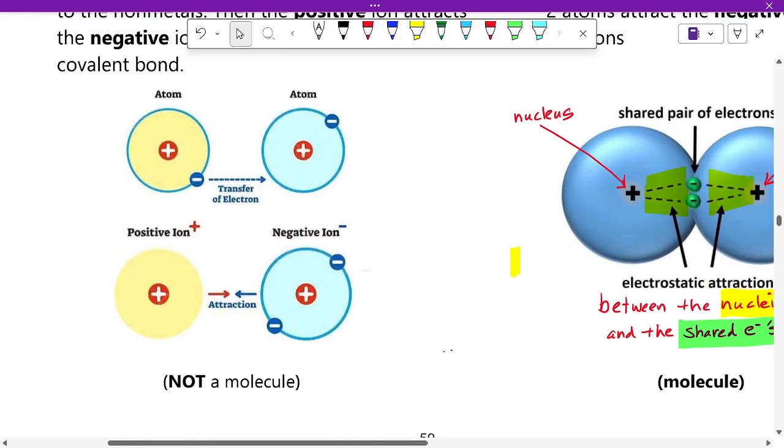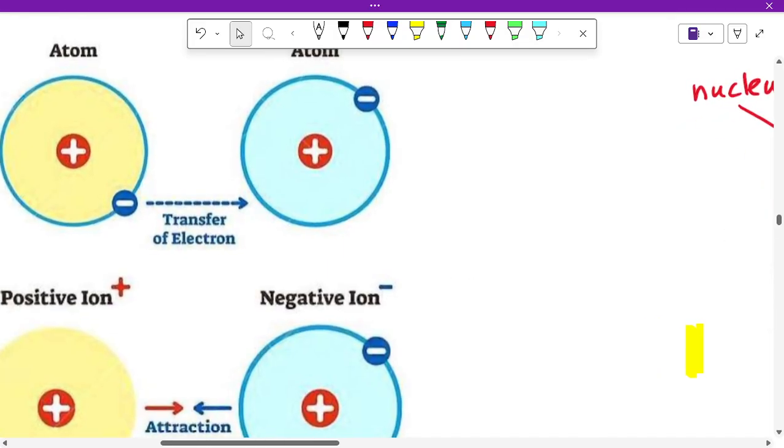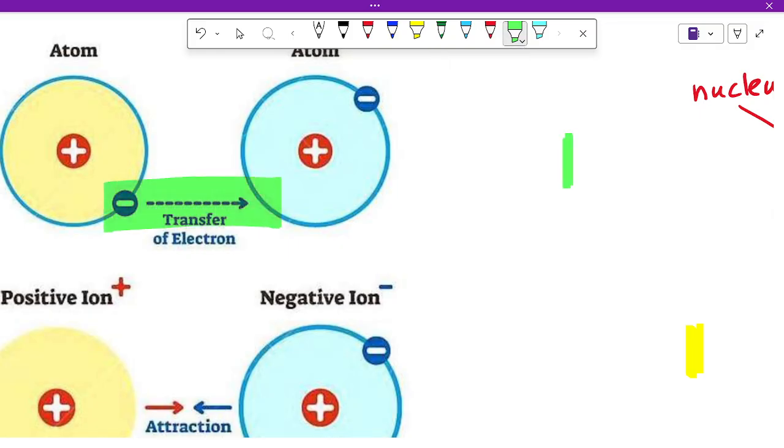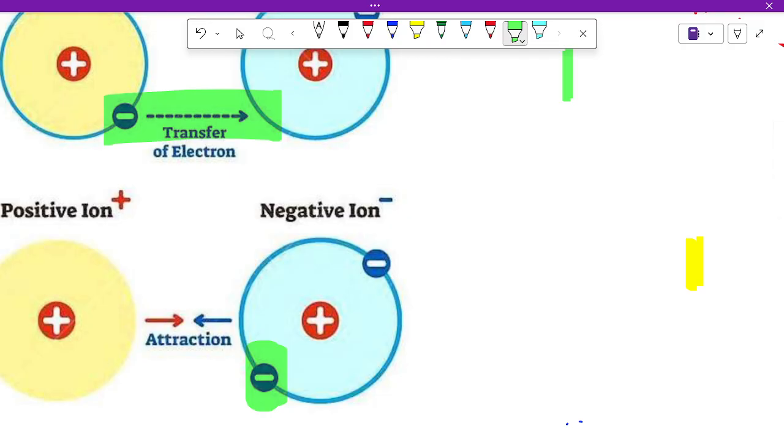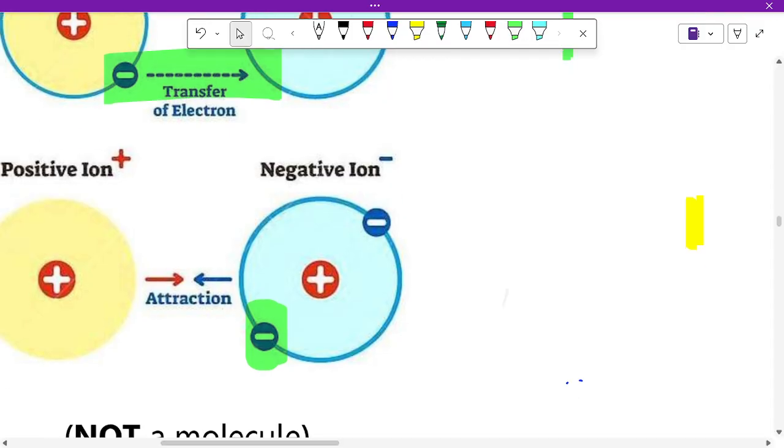On the other side of the page, we have an atom and an atom, and watch the electron. It moves from here to here, and it ends up over here. And now we have a positive ion and a negative ion.